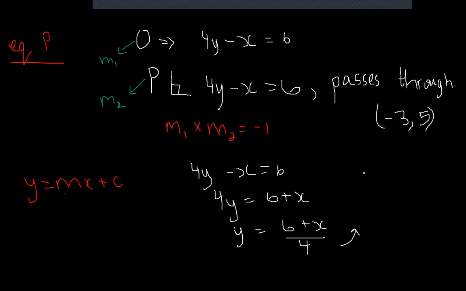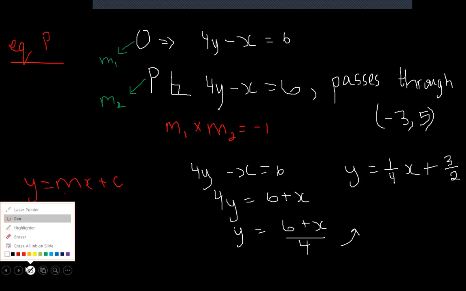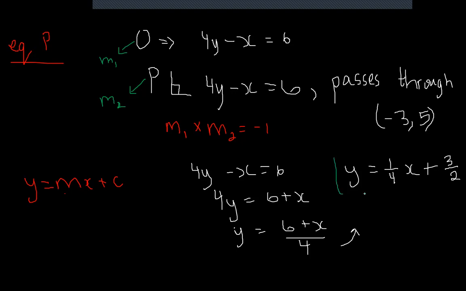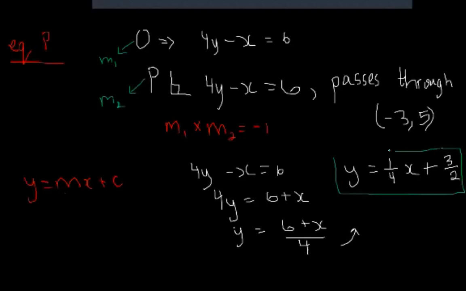So y is equal to a quarter x plus 6 divided by 4, that can be reduced to 3 on 2, if we divide 6 by 2 and we divide 4 by 2. So this is my equation of line O in the form y is equal to mx plus c. Everybody understands this? Yes, miss.